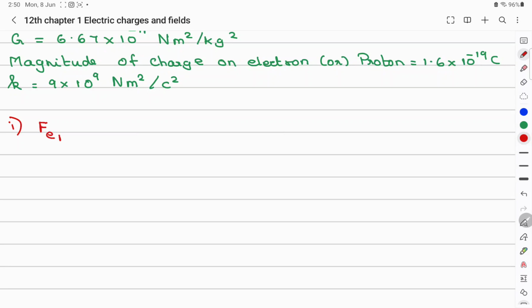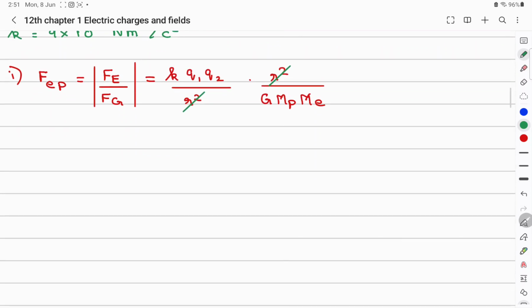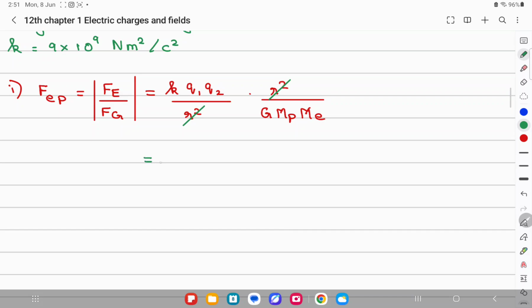So the ratio of electrostatic force by gravitational force is equal to K Q1 Q2 by r square into r square by G mass of proton and mass of the electron. So the r square and r square will get cancelled, and substitute the values for the remaining quantities.